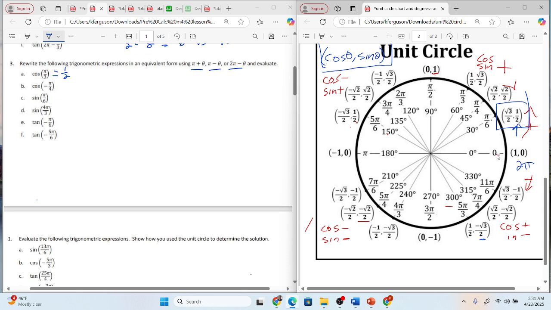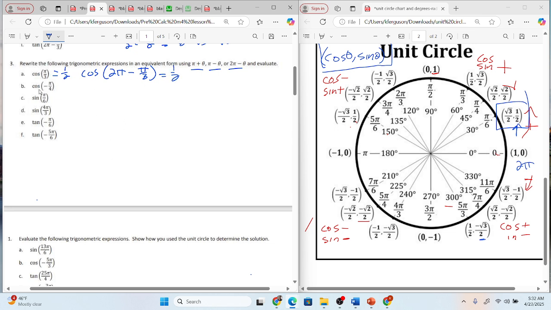That puts me at 300, and at 300 I've got a positive. So that's going to be cosine of 2 pi minus pi over 3, which equals 1/2. So there you go, that's what I'm doing.